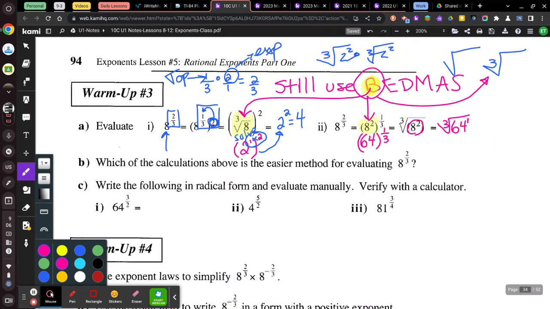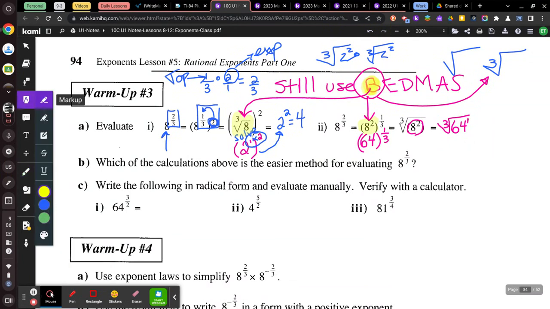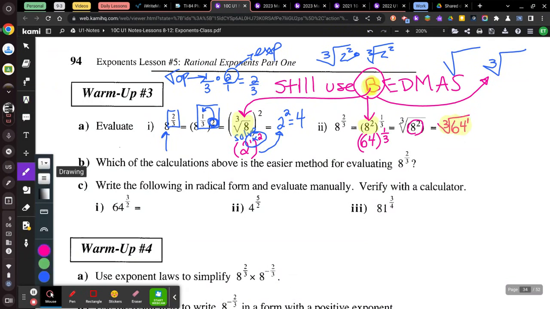Well, we know that perfect cubes and perfect squares, you solve them. So this has now become a perfect cube. Cube root 64 is a perfect cube, so we have to solve it. Perfect cube means solve. So I'm going to get 4.